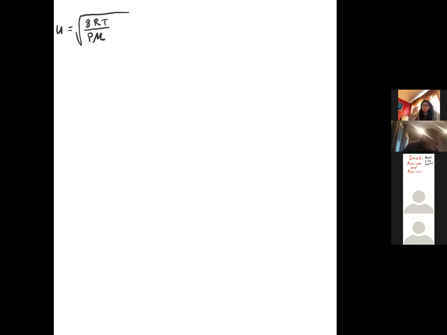Okay, so pressure is force over area. So that would be the square root of 8 times, let's put it in units. Kilogram meter squared per second squared, that's joules. And then you've got Kelvin. I'm not going to worry about the Kelvin, I guess.